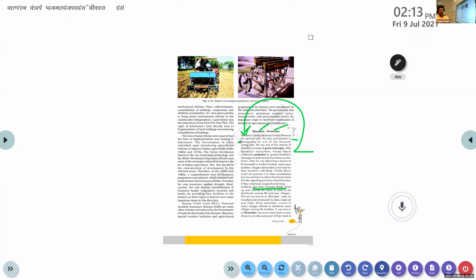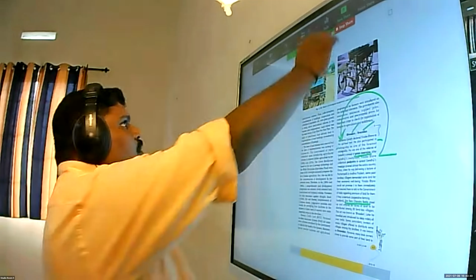He was a believer and liked to preach that idea to a number of people. The concept is Gram Swarajya. So what is this Gram Swarajya? Tell me.